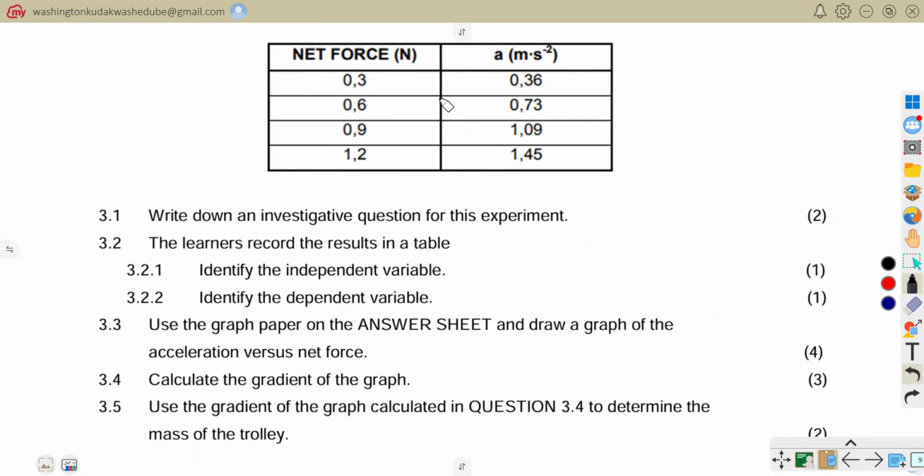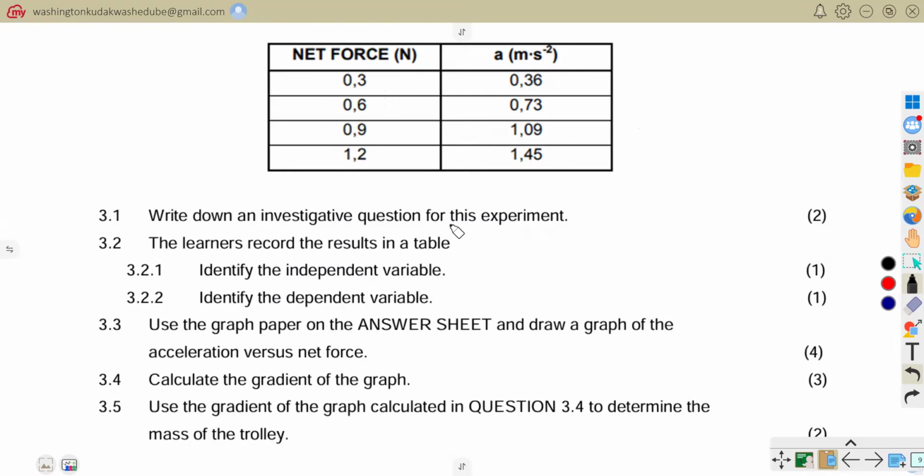These are the results, giving the net force that was determined and the acceleration that was determined given the net force that was being applied. Our net force was our independent variable and our acceleration was our dependent variable, and we were now asked the following questions.